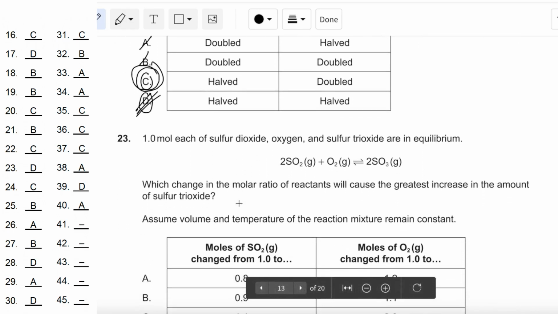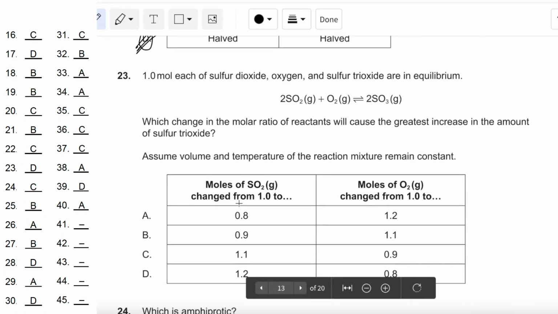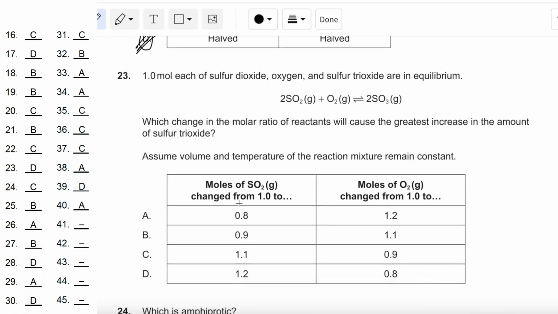Let's continue to question number 23. 1 mole each of sulfur dioxide, oxygen and sulfur trioxide. Which change in the molar ratio of reactants will cause the greatest increase in the amount of sulfur trioxide? Assume volume and temperature of the reaction mixture remain constant.